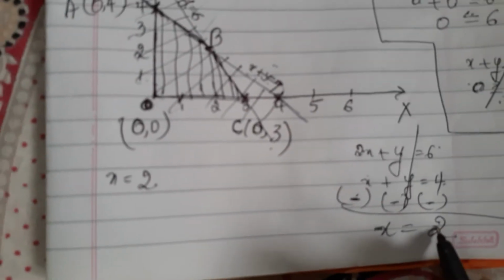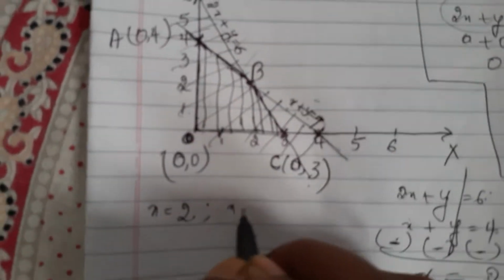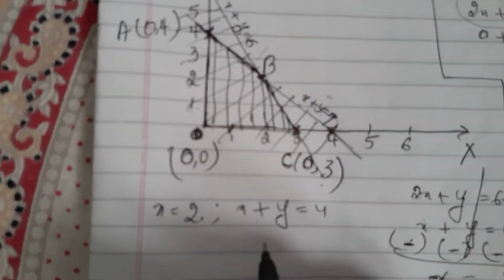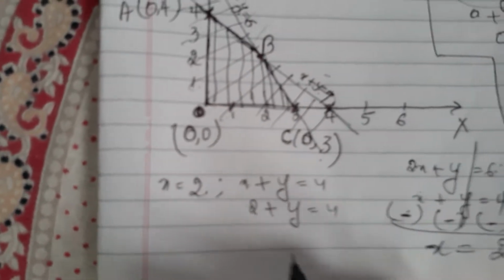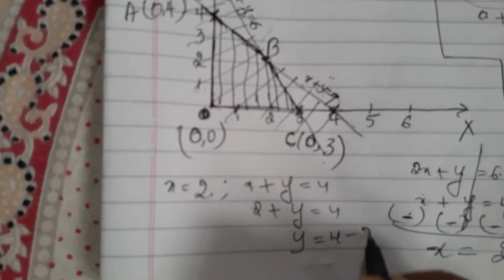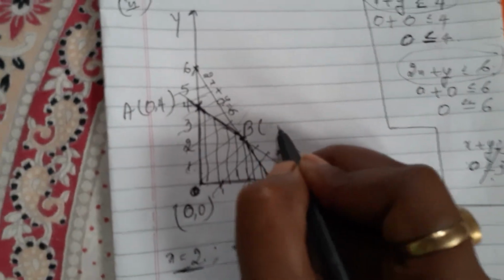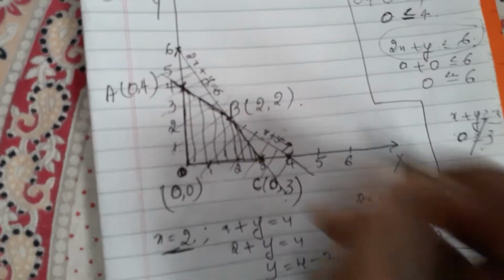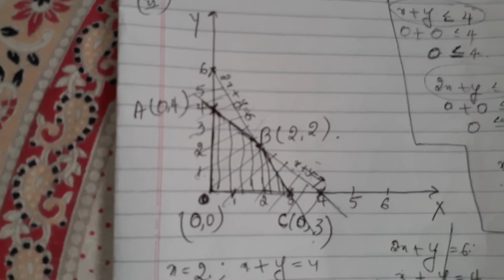Then substitute x equals to 2 either in this equation or this equation. So let us consider x plus y equals to 4. X value is 2. 2 plus y equals to 4. Y equals to 4 minus 2, that is y equals to 2. Here we have obtained x equals to 2 and y equals to 2. Then B point is 2 comma 2.